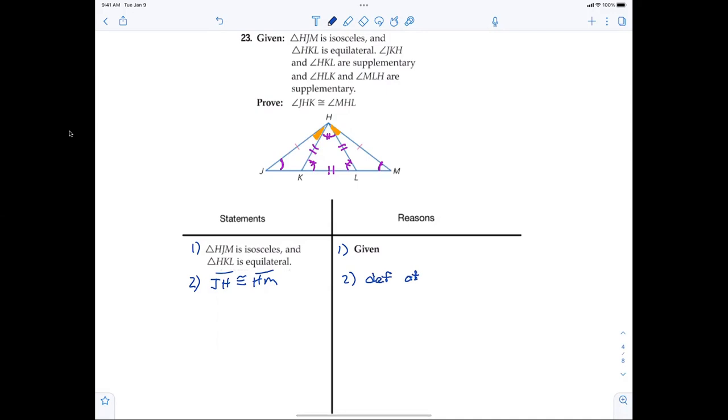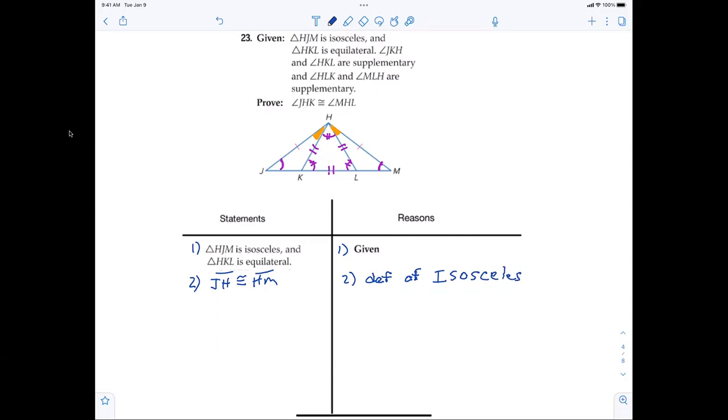Definition of what? No, nowhere to say bisect anywhere. Is it because it's an isosceles? Yeah, definition of isosceles. It's isosceles if two sides are congruent, correct?